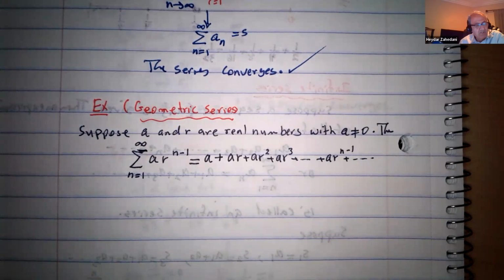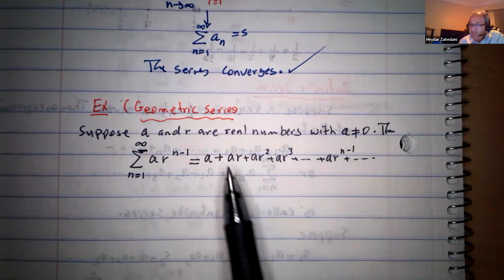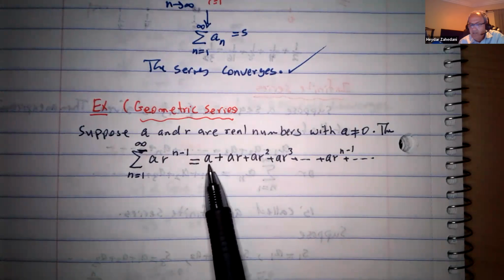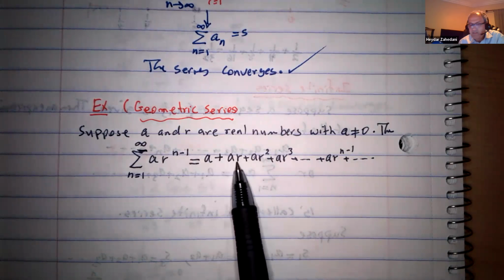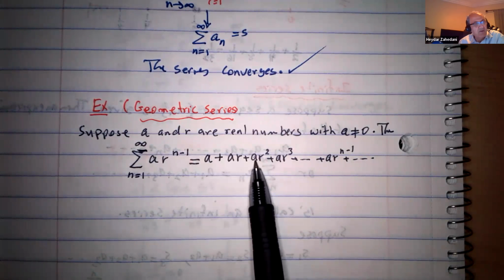As you can see, you have a fixed number A, and you multiply by R, you get AR. You multiply by another R, you get AR squared.